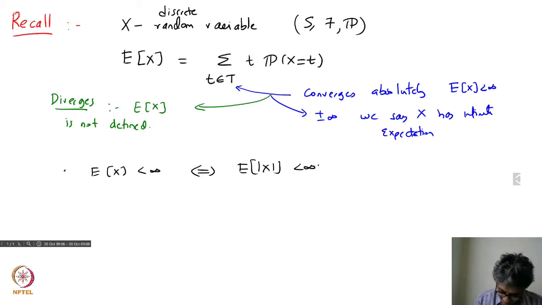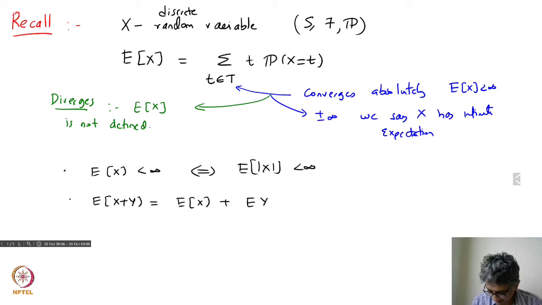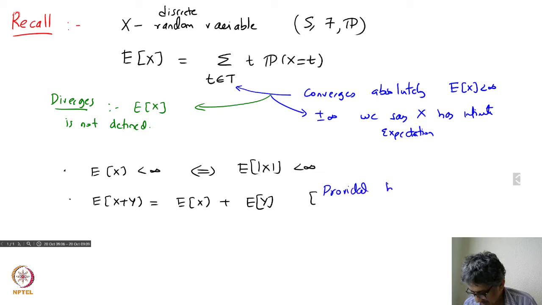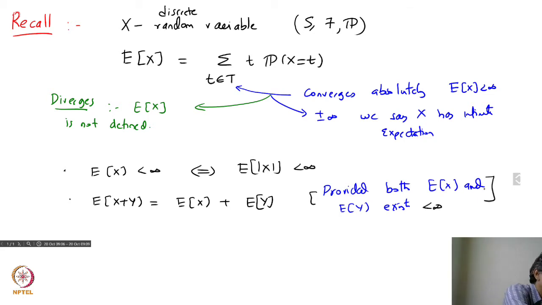We had shown that E of X plus Y is equal to E of X plus E of Y, provided both E of X and E of Y exist and are finite. Otherwise the sum is not formally defined.